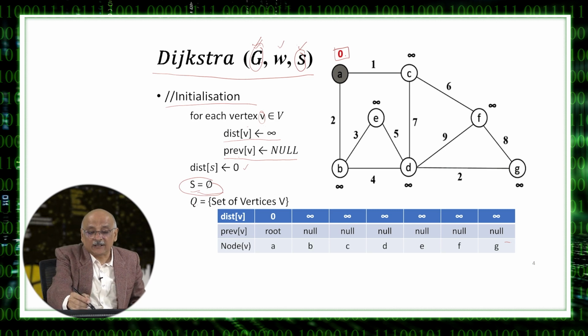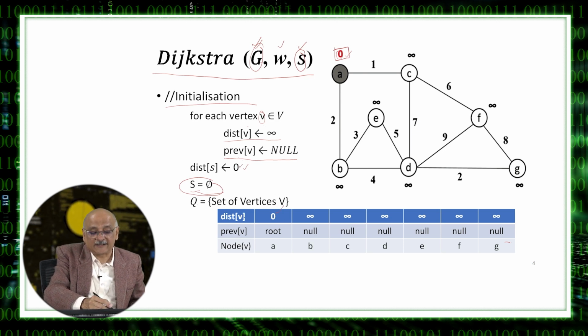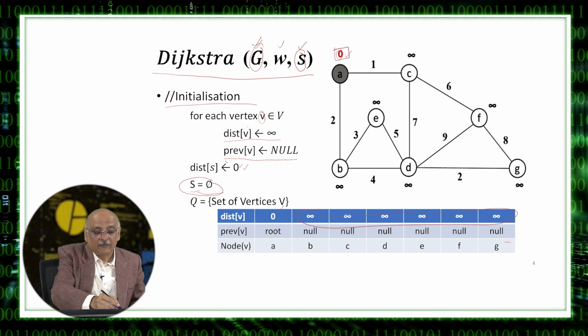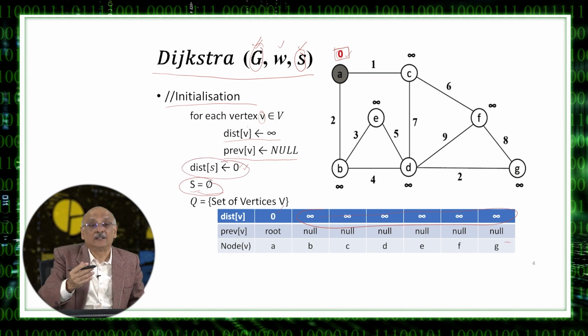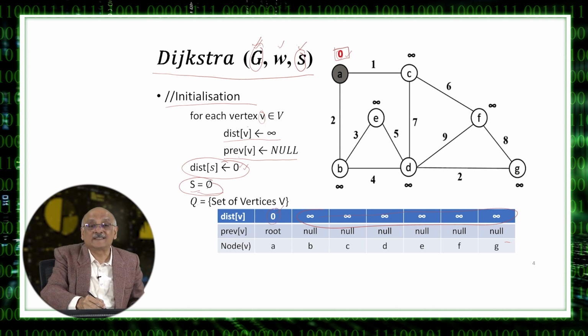Remember, this particular thing is 0, it has been put over here. That is what you can see, the distance vector. The distance vector is initialized to infinite. However, the distance of the start vertex, which we have selected as A, has been initialized to 0.